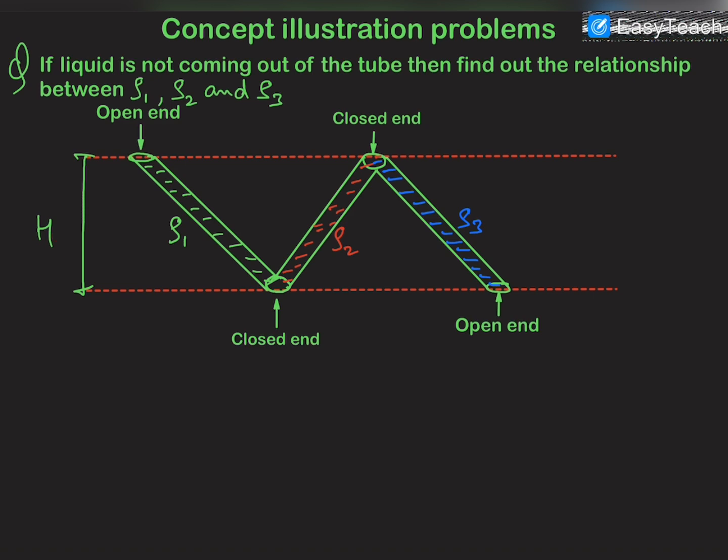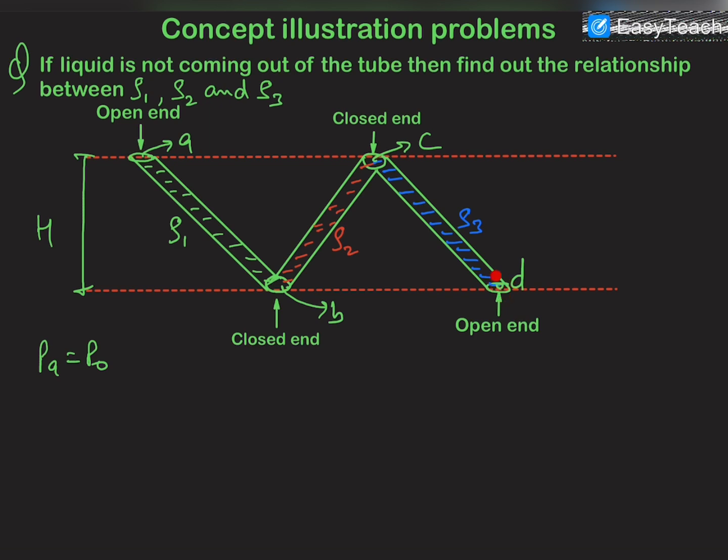Let us suppose that this is point A, this is point B, this is point C, and this is point D. As this is the open end, the pressure just above this tube will be P naught, and therefore the pressure at A will be P naught. And obviously at this end, pressure at D will be P naught.